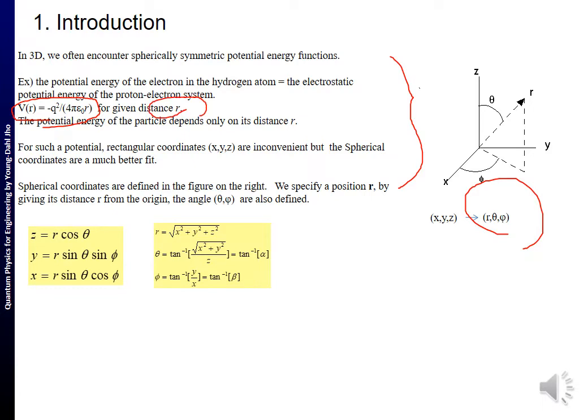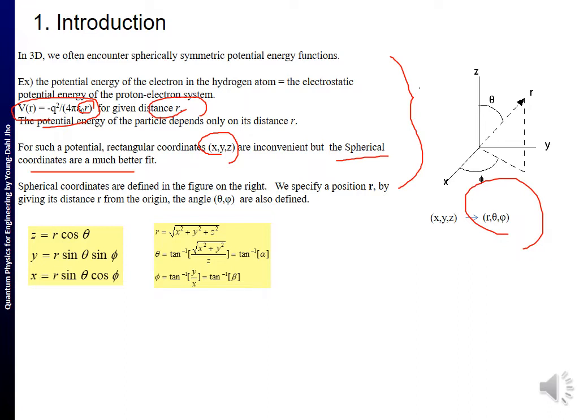It doesn't depend on theta or phi. It only depends on r. For such a potential, rectangular coordinates are inconvenient, right? We don't have x, y, or z dependence here. We only have r dependence. So spherical coordinates are a better fit.